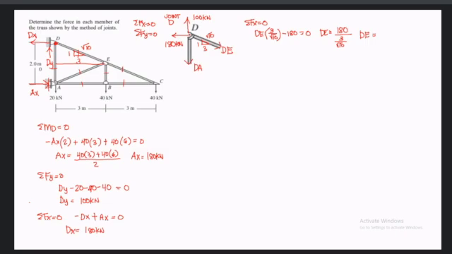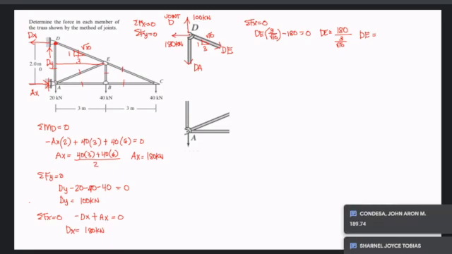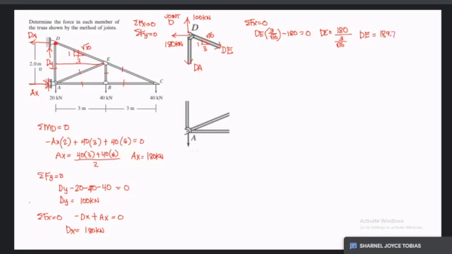Later I will show the Mode 5.1, if we have time. And sorry for that. So it is 189.74. Okay. So a positive answer came out, so it means it is under tension. So that's your member DE.